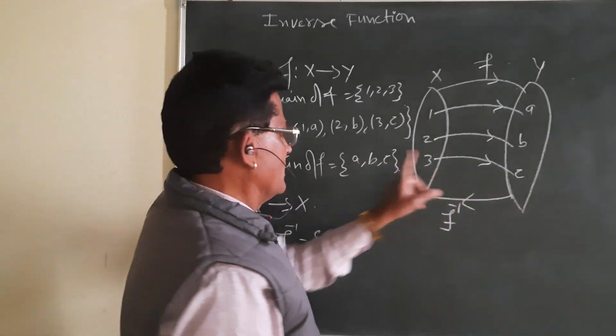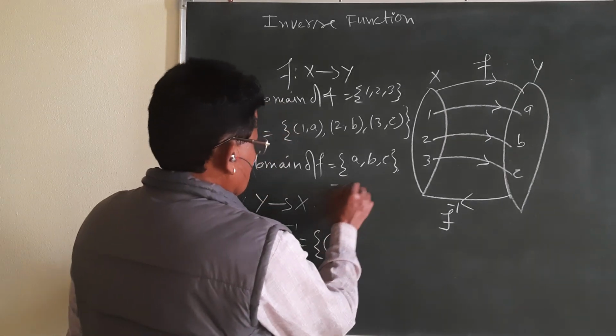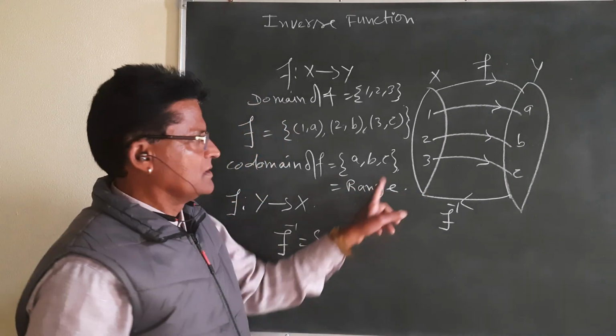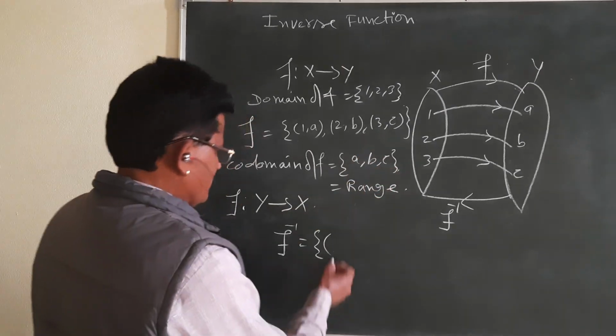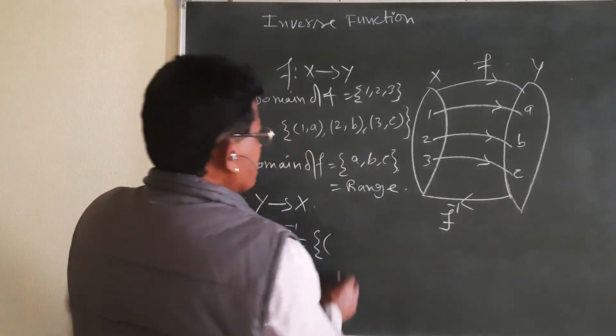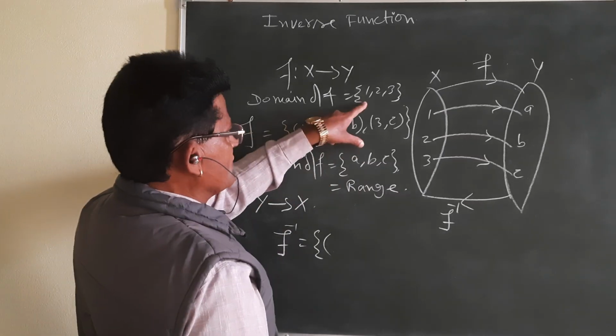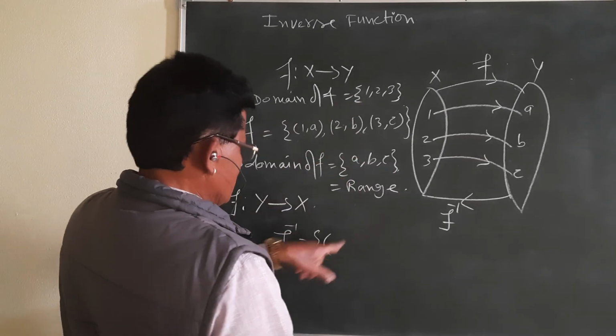That is why range will also be equal to codomain. Domain and range will be changed. Here domain is 1, 2, 3. Range is ABC.